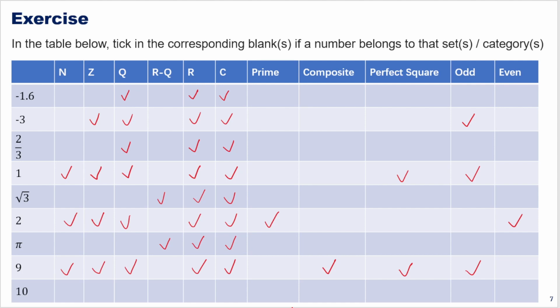Okay, last one, 10. 10 is a natural number, an integer, a rational number, a real number, a complex number. And 10 equals 2 by 5, which is a composite number, and it's not a perfect square, and of course it's an even number, right? Okay, have a look at the solution here. Do you have any questions?